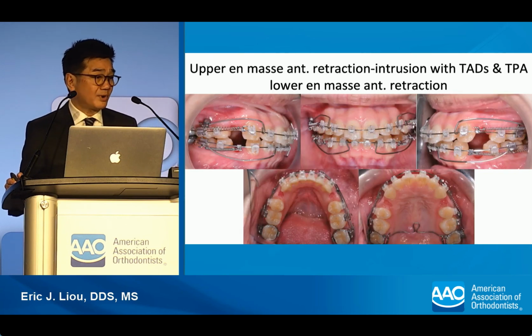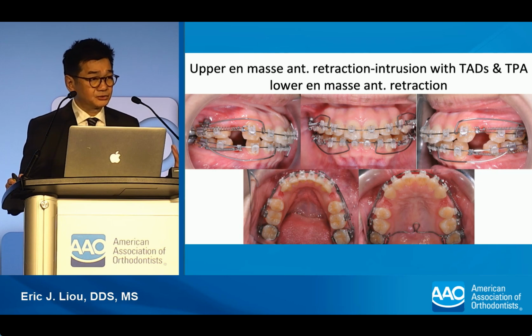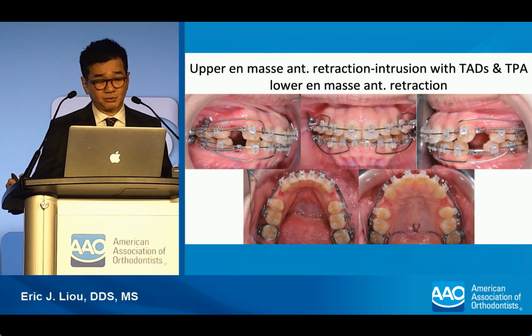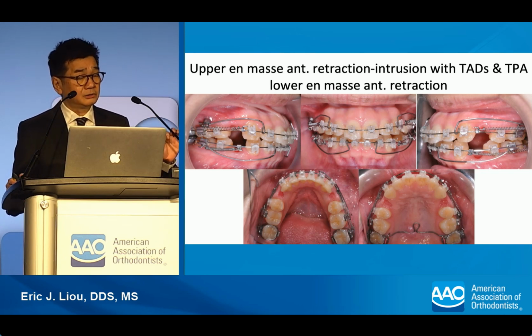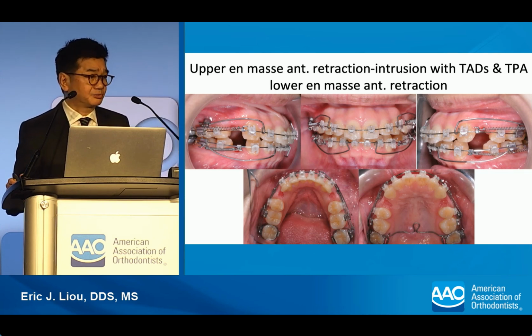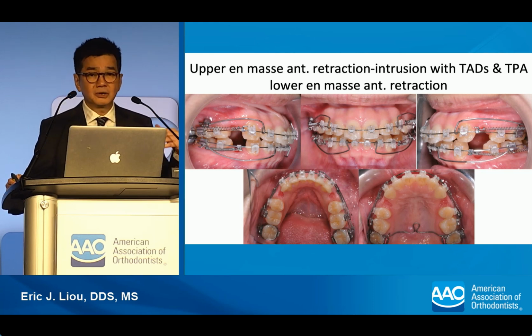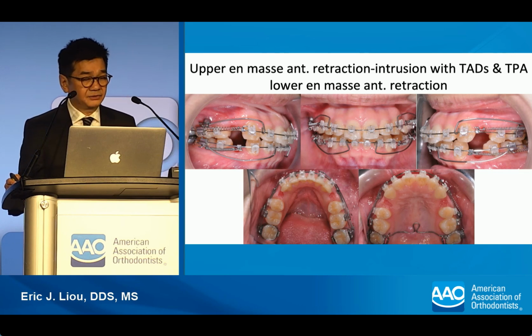These are the appliances and mechanics I used for upper incisor intrusion and retraction. You can see I use a base arch wire, which is stainless steel wire, and then I use a nitrile coil to do anterior retraction. And from the TADs, I have an intrusive spring, lever arms, to do anterior teeth intrusion while I am retracting the upper anterior teeth.